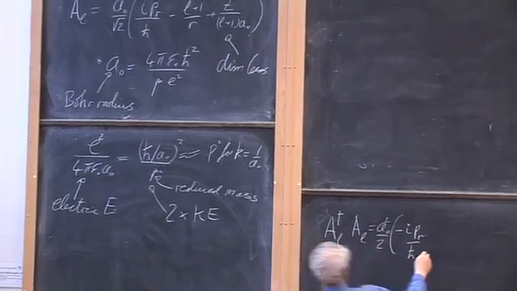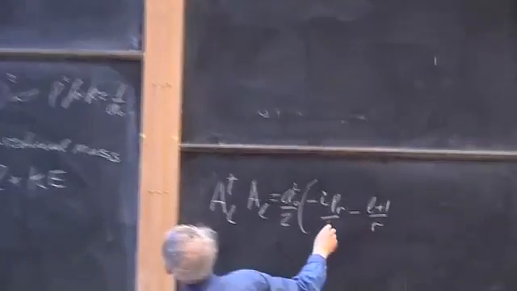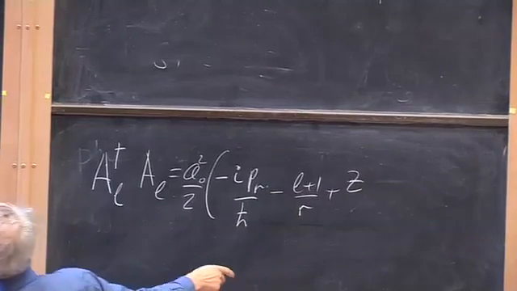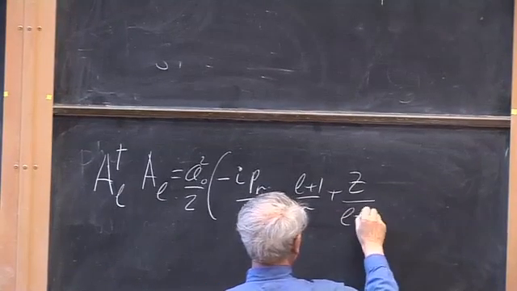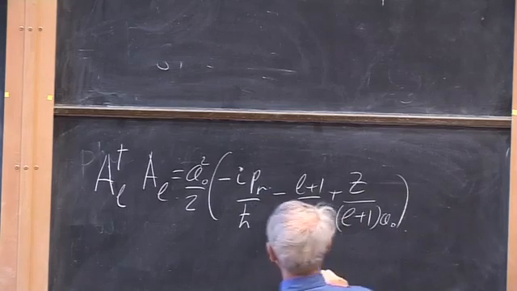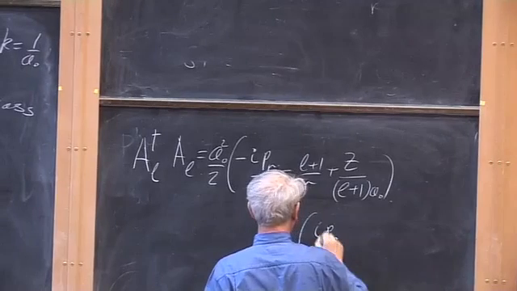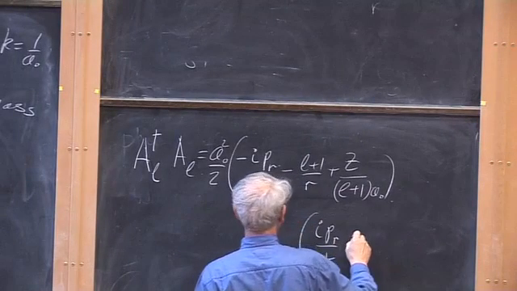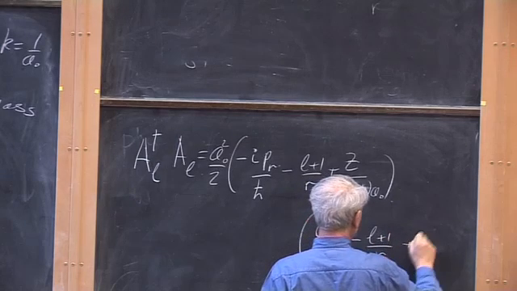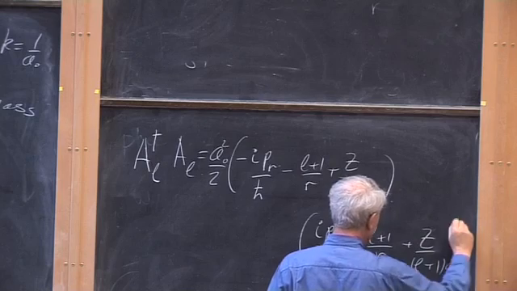And then the rest, of course, is the same because it's just boring numbers, plus Z. Well, actually, this is an operator, strictly speaking, but we're in the position representation, so it looks like a number. And that has to be multiplied onto i P_R over h bar, so no minus sign, because this is A_L I'm writing down now, minus (l plus 1) over R plus Z over (l plus 1) A0.